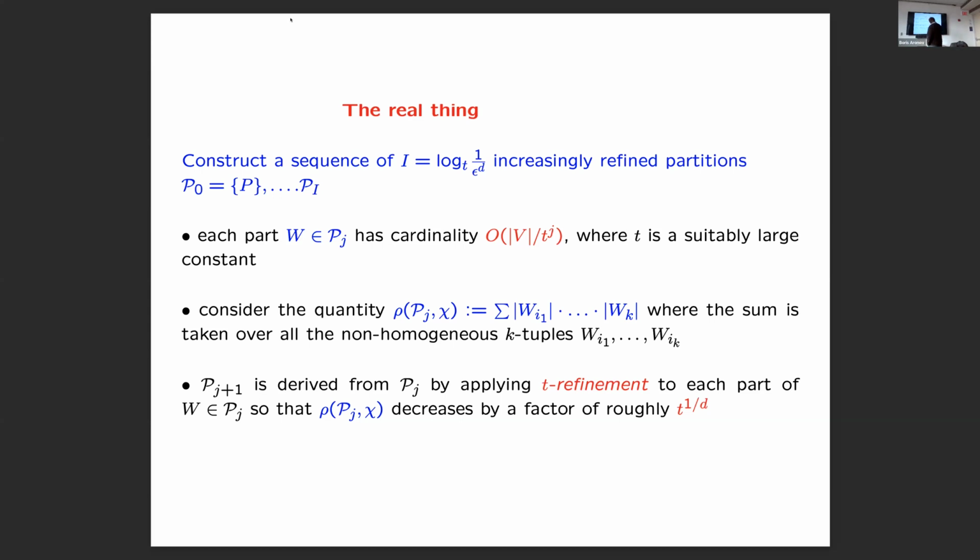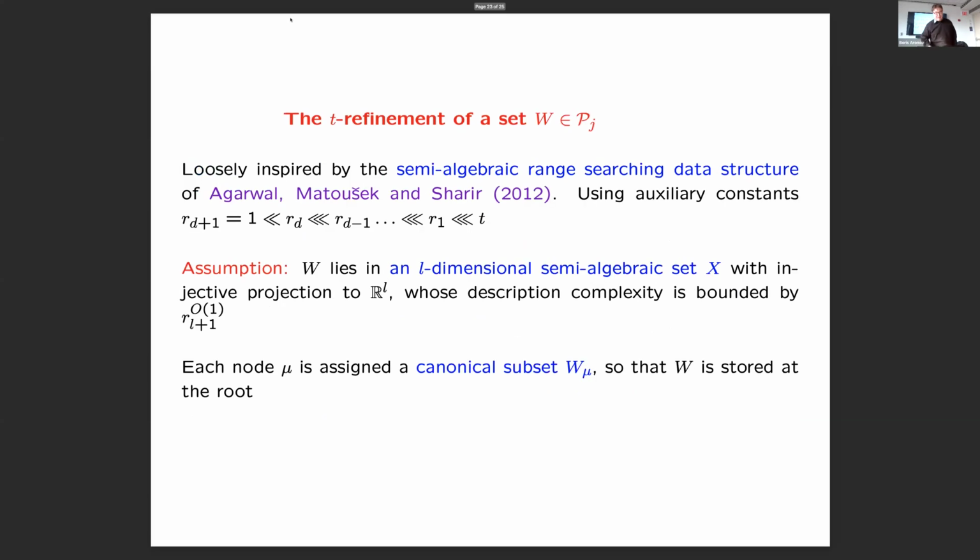And you keep watch over the measure of the irregularity of the intermediate partition, until this measure becomes satisfactory. But the idea is that in each round it falls by roughly this factor, t to the power of 1 over d. So you can guess where the bound comes from.